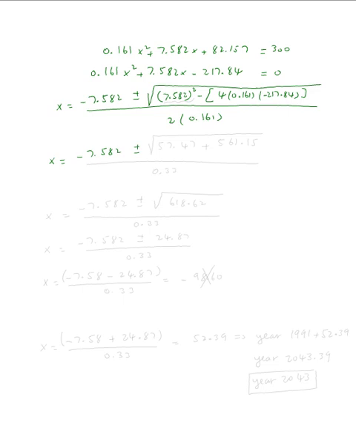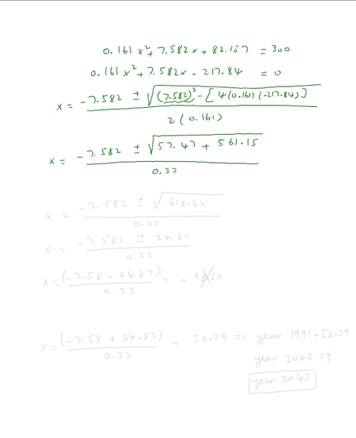If we square this, we get 57.47, and then minus times another negative is plus, so plus 561.15, all over 0.33.